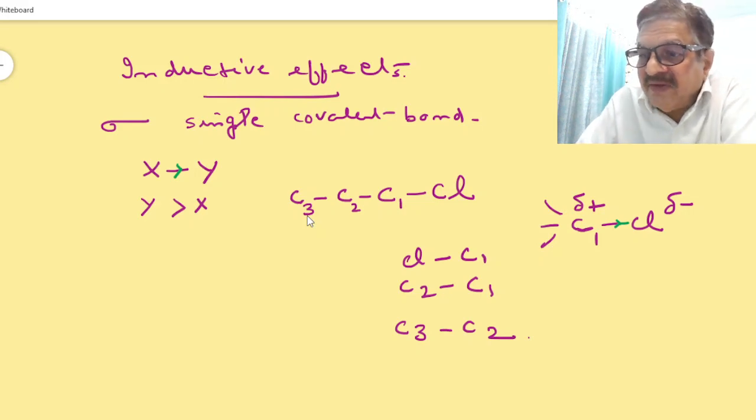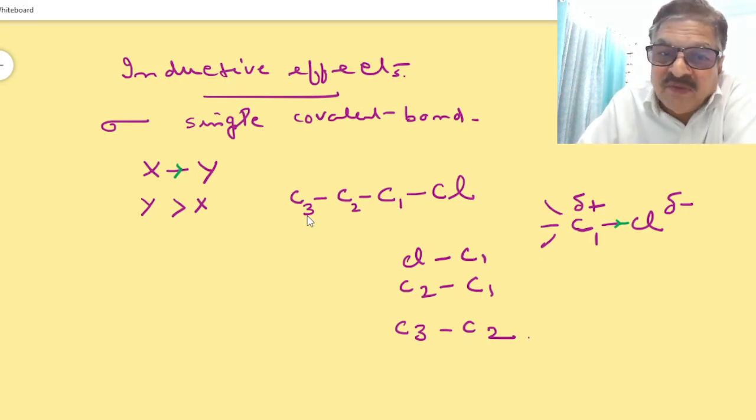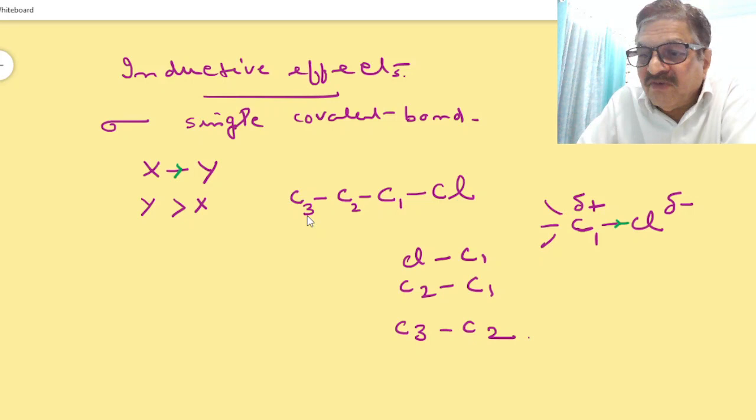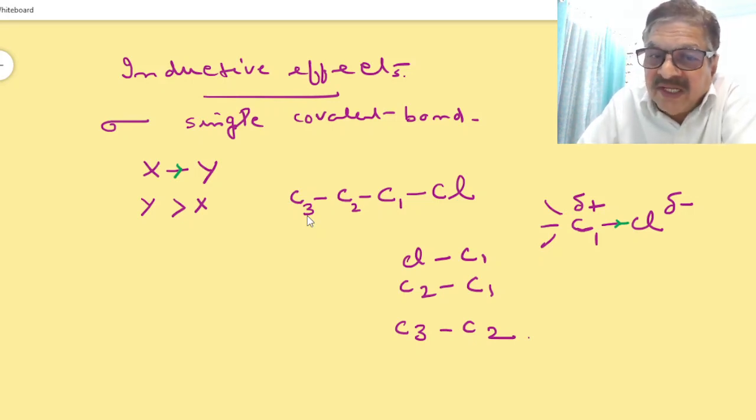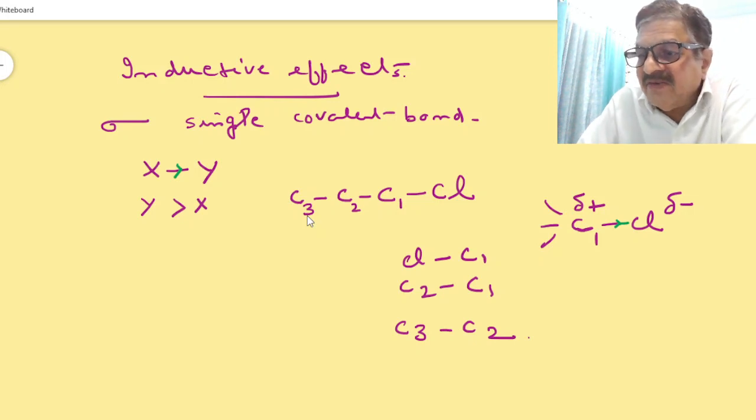Then the effect of the chlorine atom has been transmitted. When it is transmitted through C1 to C2, similarly C3 acquires a positive charge, that will be a smaller charge than that on C2. So this type of electron displacement along the chain is known as the inductive effect. Electron displacement along this carbon chain is known as the inductive effect.